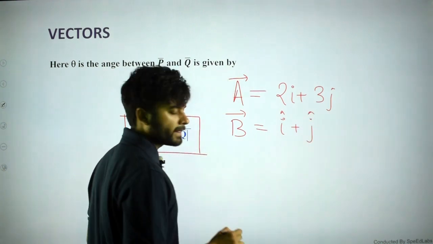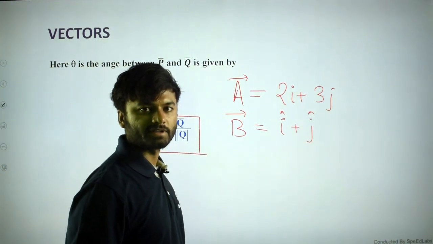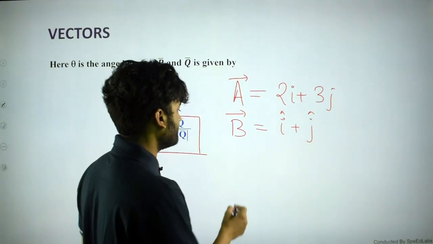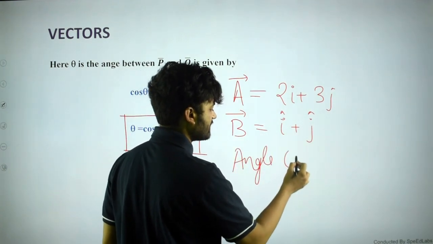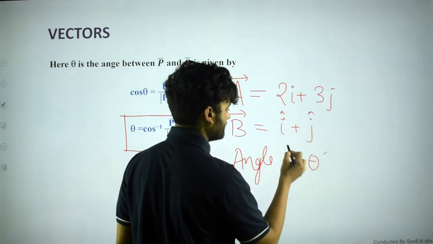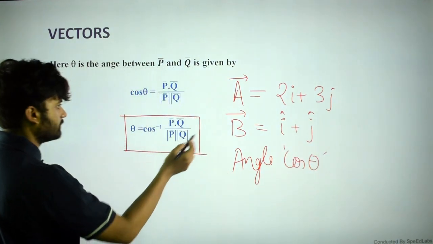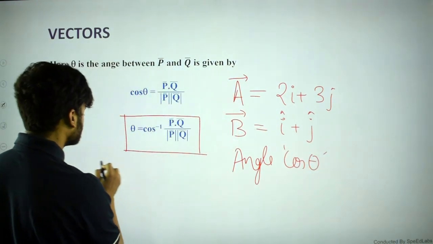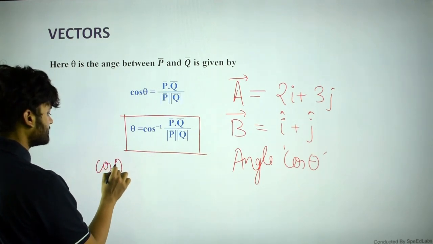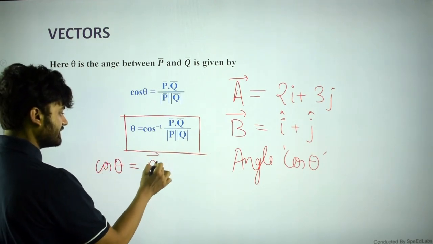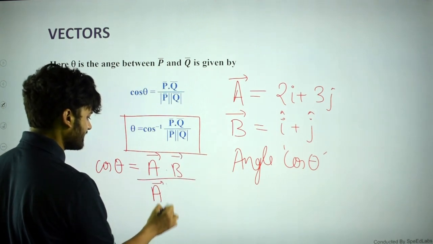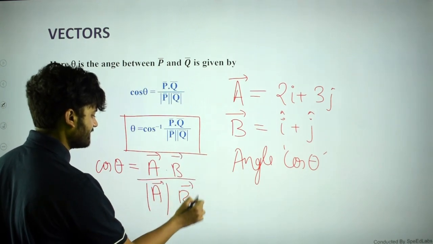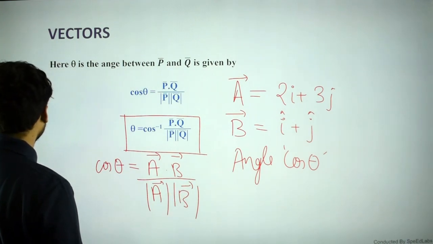Now you have to find the angle, or you can say cos theta, between these two vectors. So how can we find cos theta? cos theta is equal to a vector dot b vector upon mod of a vector and mod of b vector. This is how we can actually find it.